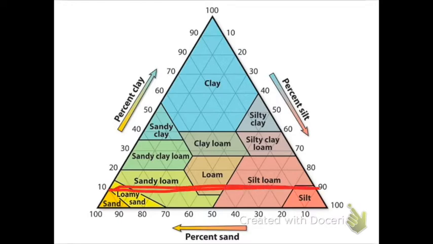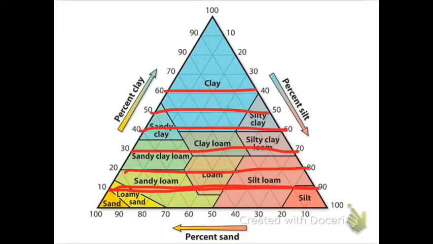That is 10% clay, 20, 30, 40, 50, 60, and so on, all the way up to 100% clay. Where would 0% clay be? Well, it's the axis line at the bottom, right there.